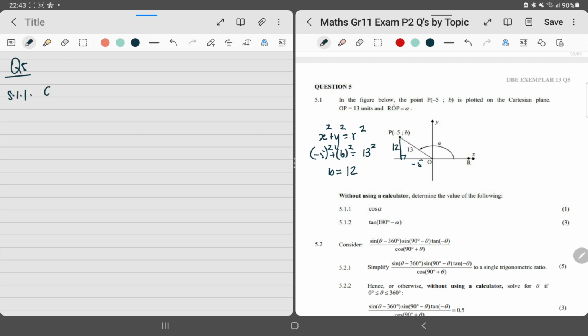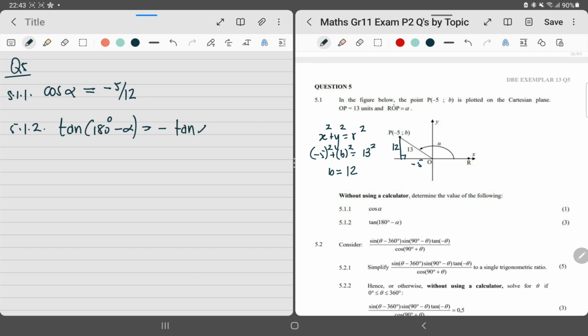5.1.1 cos of alpha. This is x over r. Then tan of 180 minus alpha. 180 minus is in the second quadrant.